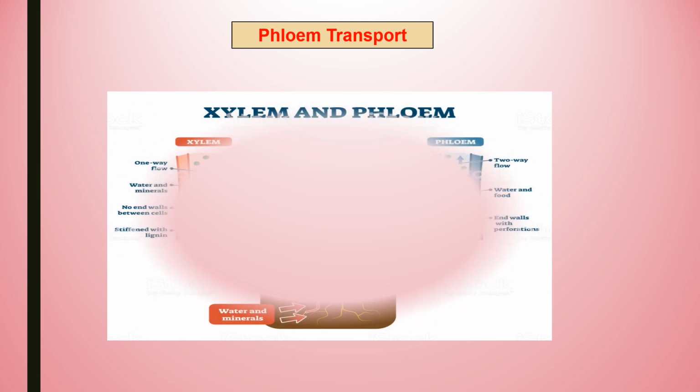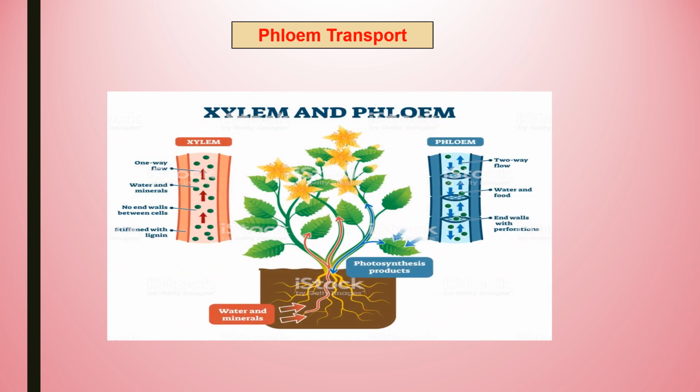Next, phloem transport. Food synthesized by the leaves is transported by phloem to the area of requirement or stored. Phloem transports food from the leaves to other parts of the plant.